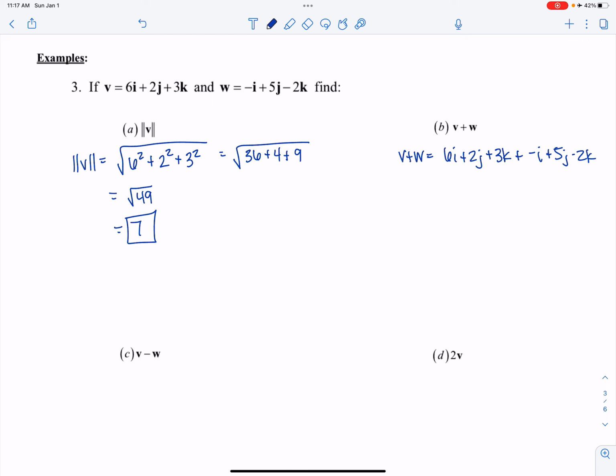So if we combine like terms, we have 6i minus i, which is 5i. 2j plus 5j is 7j. 3k minus 2k is 1k. So 5i plus 7j plus k. That's when we add the two vectors. And this is the vector that gets us from the beginning of v to the end of w.